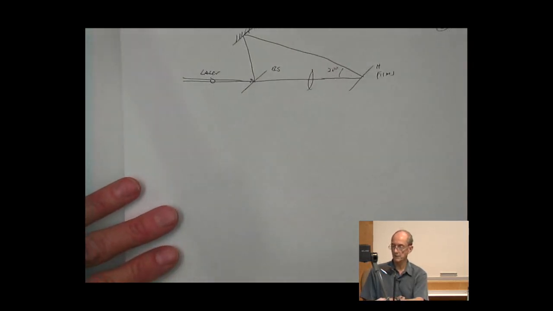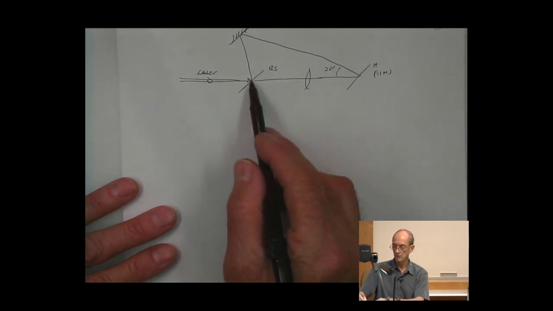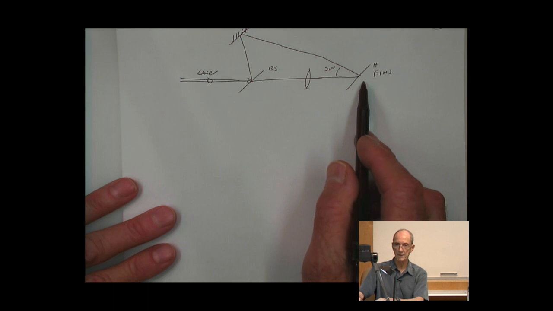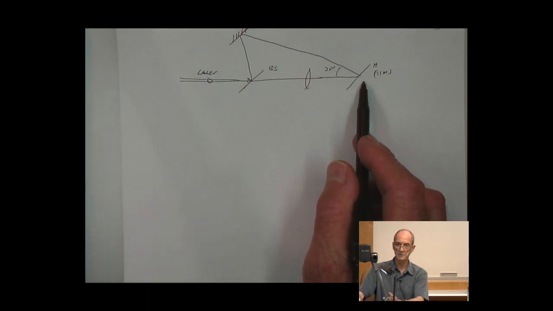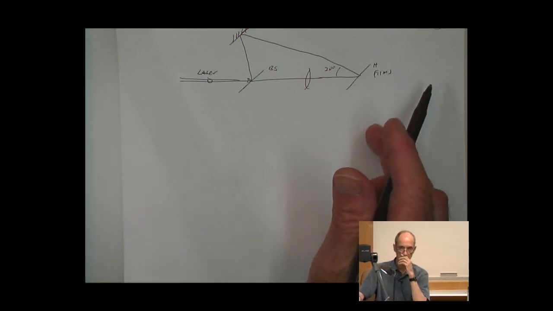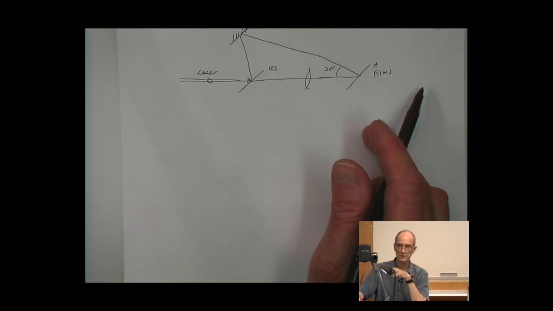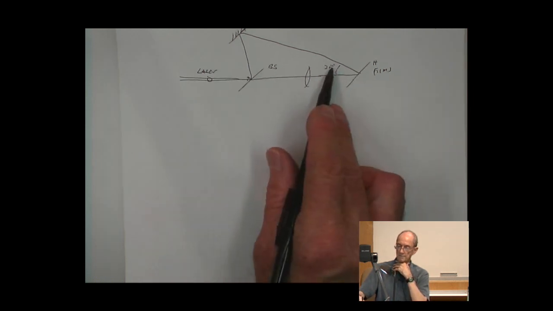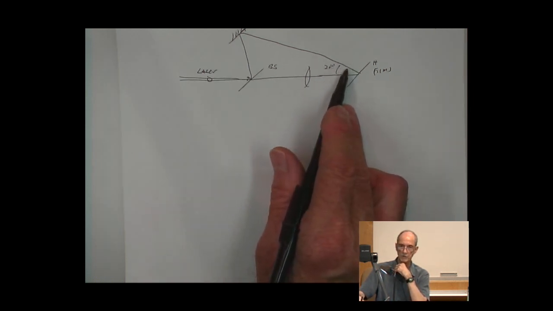Now, the problem is, this path length here is much longer than this path length. In holography, it's interference recording, so we have to pay attention to these path length differences. Otherwise, you're not going to get a hologram being formed at all.